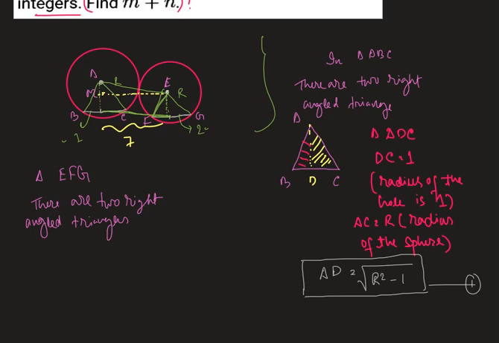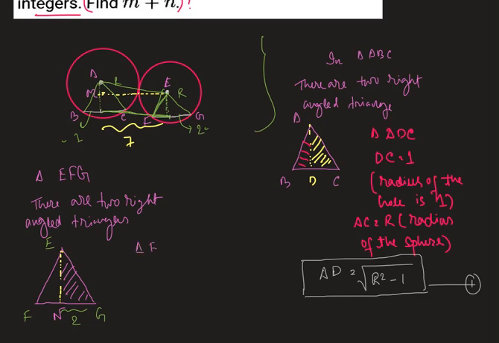So we separately draw the triangle, and we draw the perpendicular bisector of the chord FG and give names E, F, G. Here the radius value is 2, and suppose we name it as N. Therefore this is a right angle triangle.